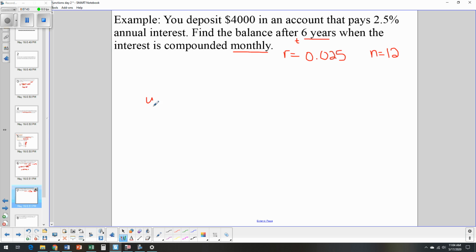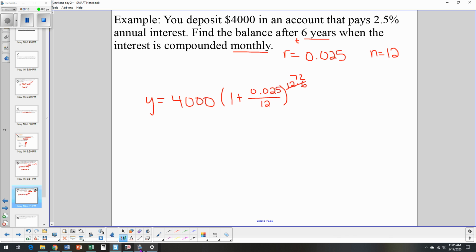So we're going to have y equals the initial amount, 4,000, times 1 plus 0.025 over 12, all raised to the 12 times 6. If you wanted to take care of this 12 times 6 right away, we know 12 times 6 is really 72.